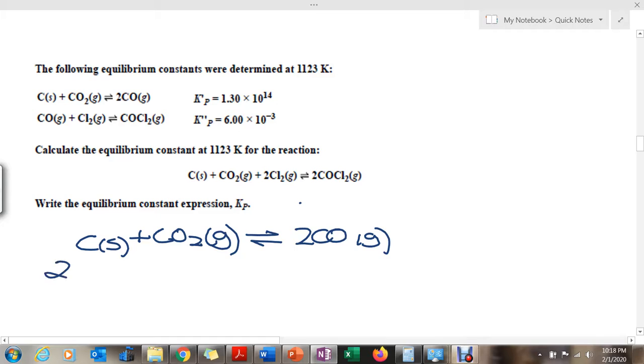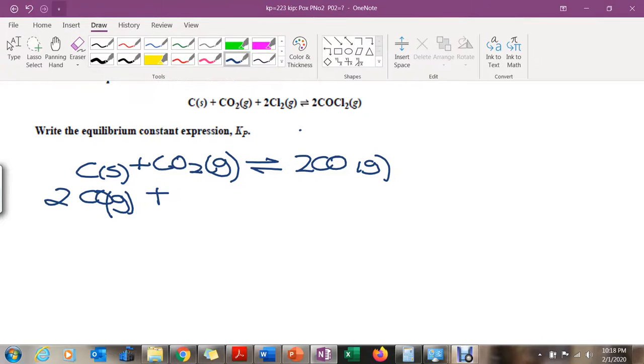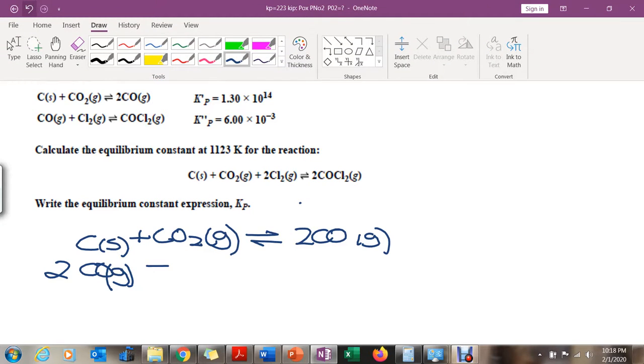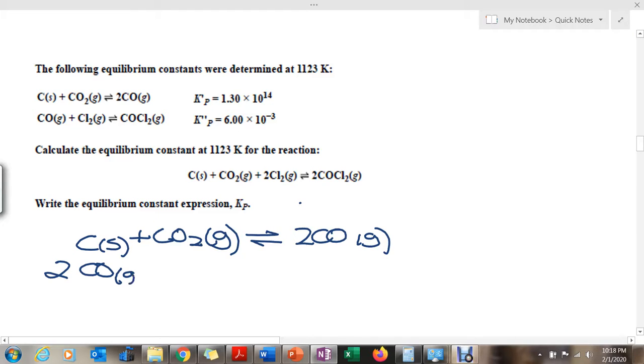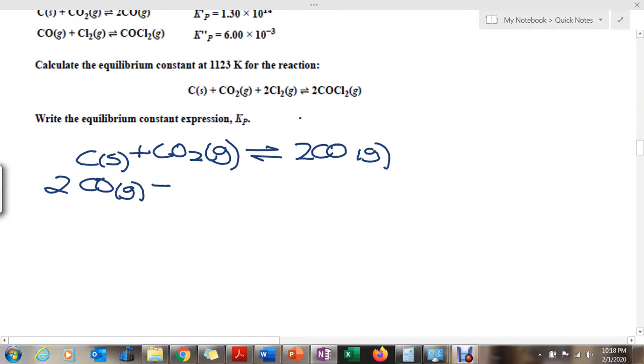Now this one, the Cl2 is on the left, and there's no more Cl2, and it's with a 2, so we're going to have to multiply this one by 2. Then we have plus 2 Cl2 gas. Remember, we're multiplying the whole equilibrium equation by 2.